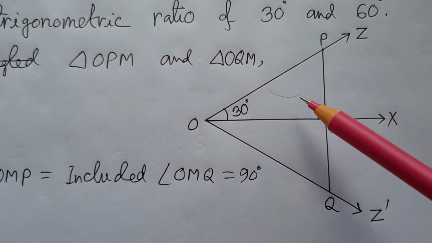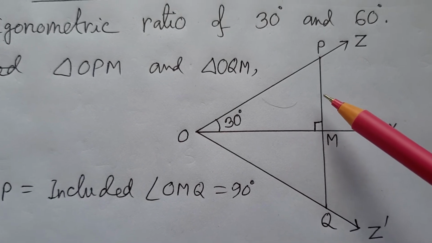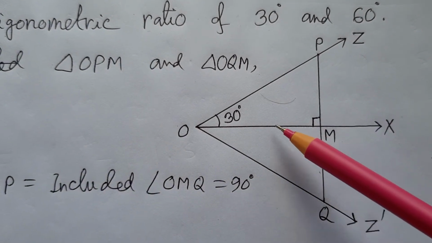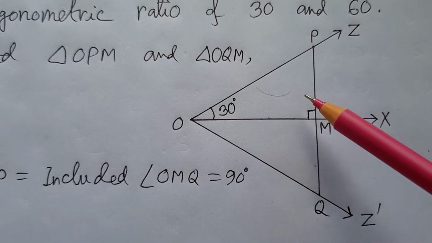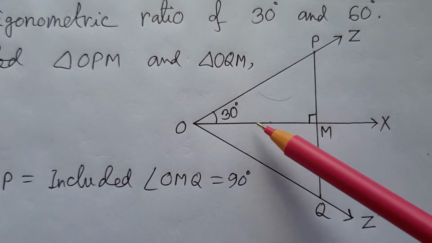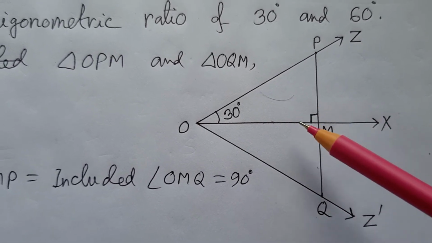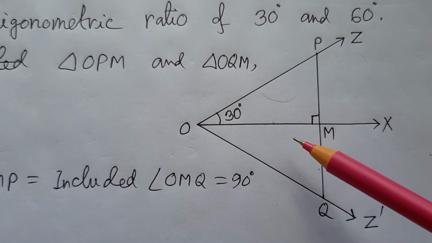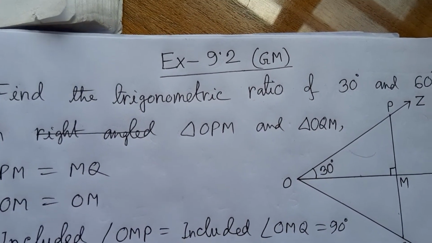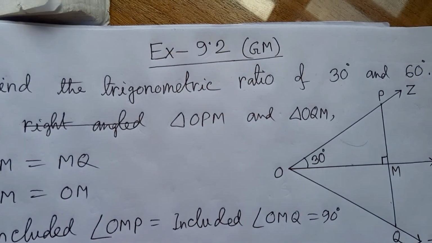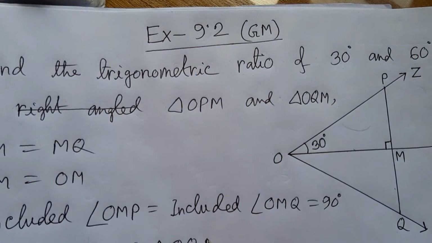We know that if in two triangles two sides are equal, that is here PM and MQ are equal and OM is common, and their included angles PMO and QMO are also equal, then these two triangles are congruent. So now we can say that triangle OPM is congruent to triangle OQM.